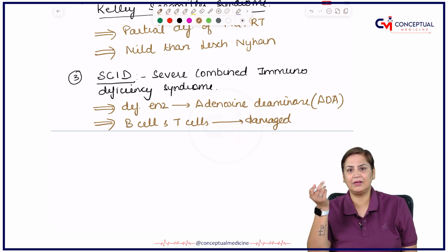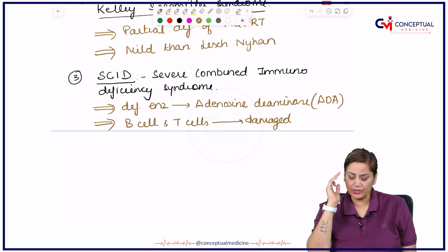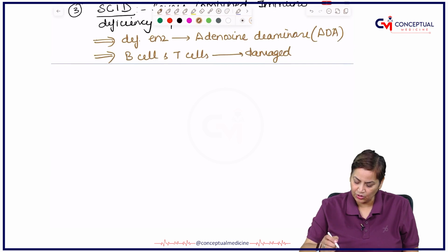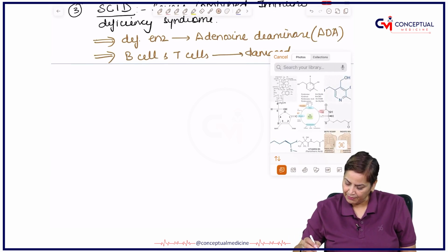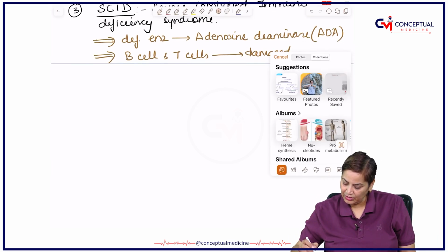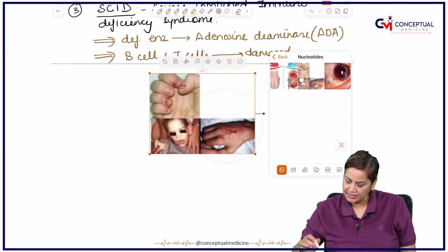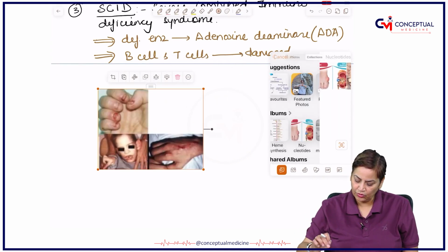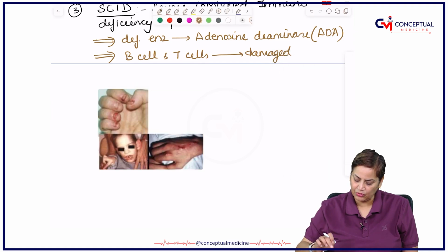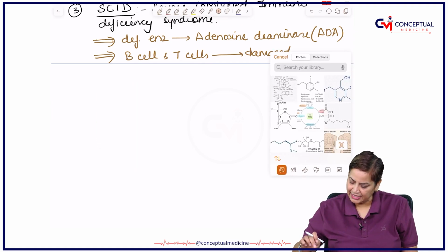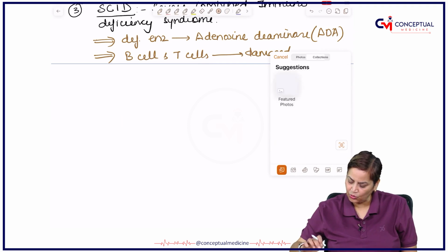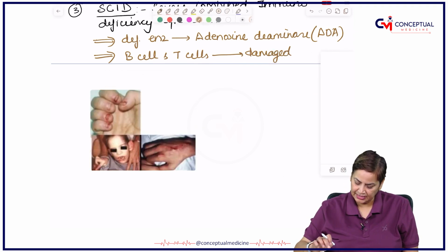Second comes Lesch-Nyhan. Lesch-Nyhan syndrome is very, very important. I will show you the picture also. The individual suffering from this has a tendency toward self-mutilation. He has a tendency to bite his own fingers, as you can see here.